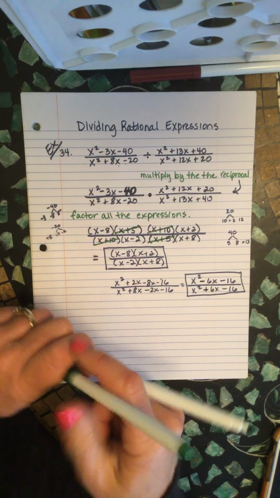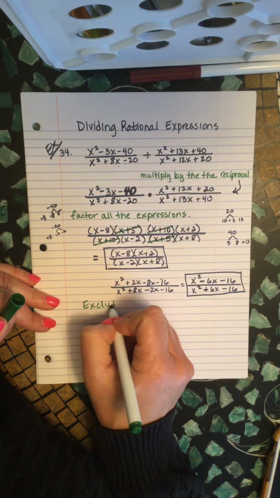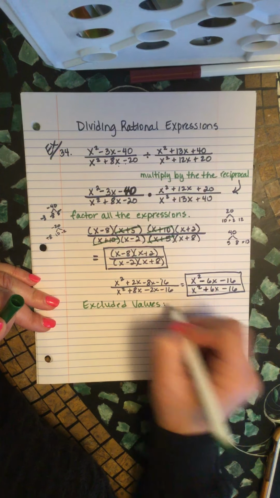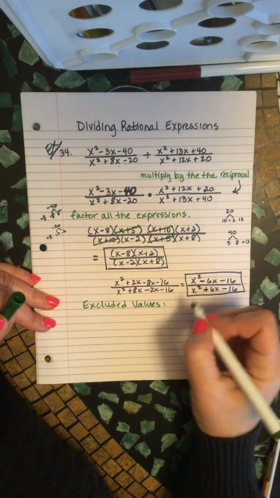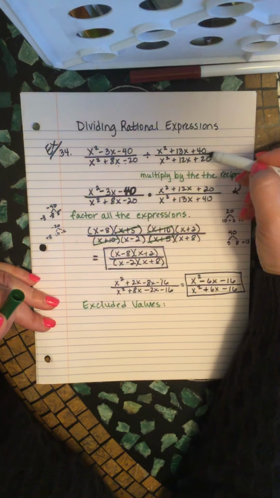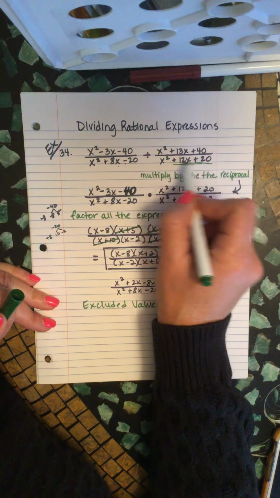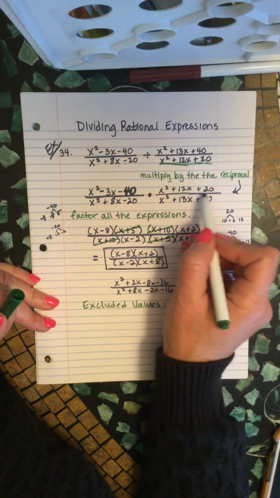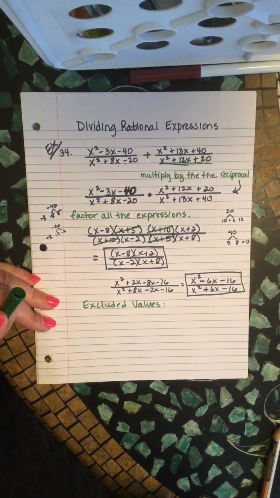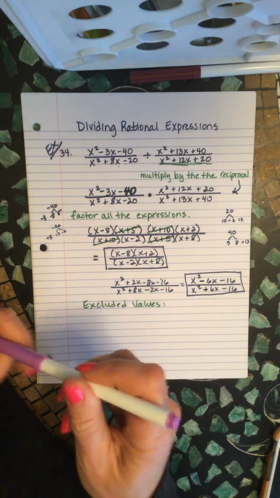All right, are there any excluded values? Now remember, this is wherever the denominator would be 0. So we started with this problem, and this was a denominator. Then we multiplied by this problem where the other part was the denominator. So we need to look at more than just our denominator here.